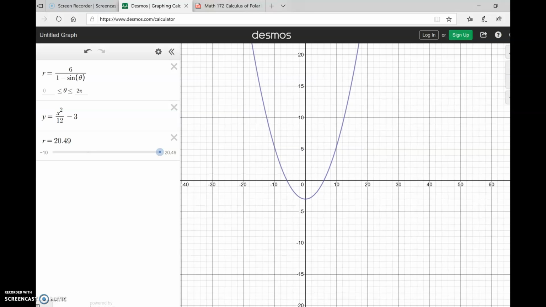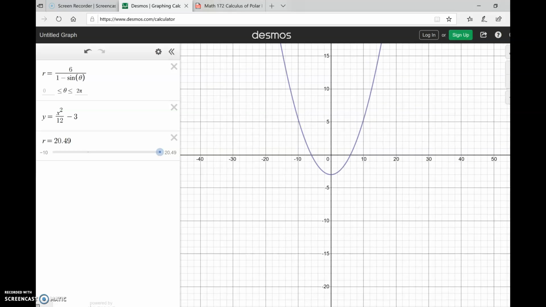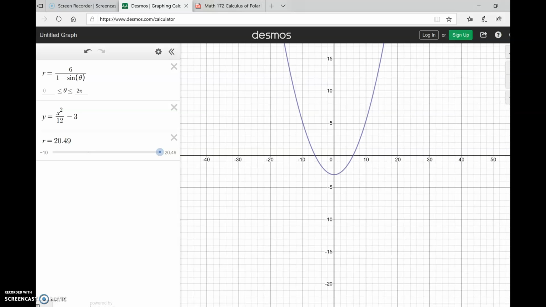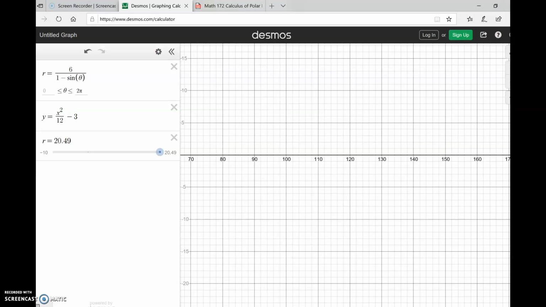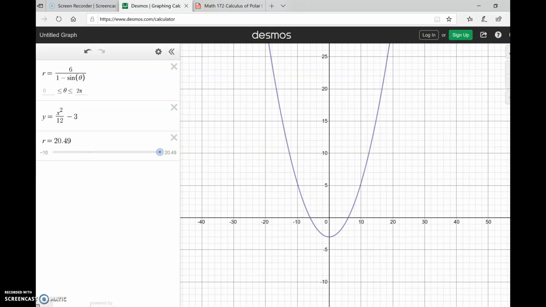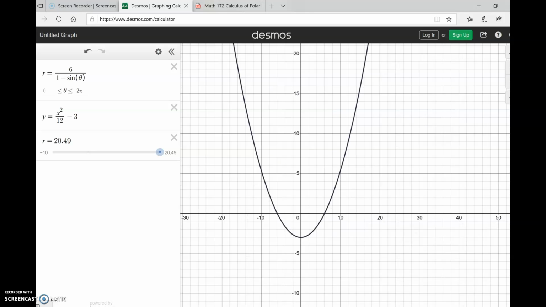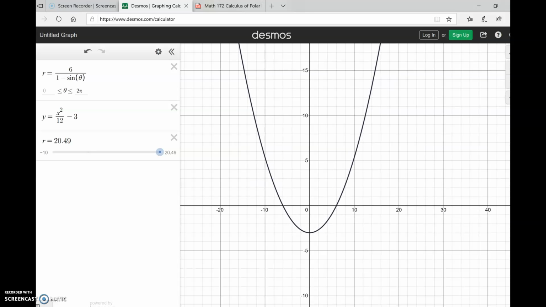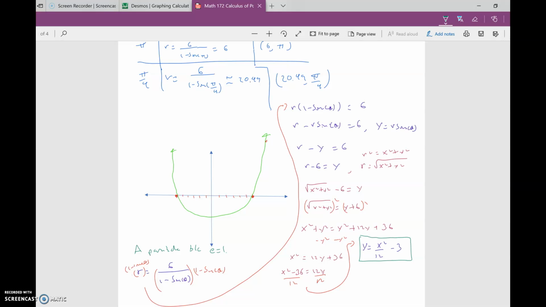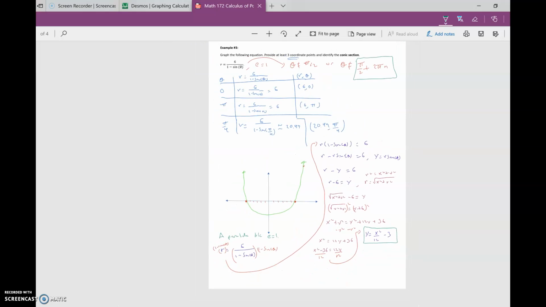So you're currently seeing r is equal to 6 over 1 minus sine theta, which is actually in purple. And then I'm going to activate the second equation, which is what our solution came out to be. And you're going to see that it actually gets, well, superimposed onto the first one. So in this case, you can actually see that this one happens to be a parabola.